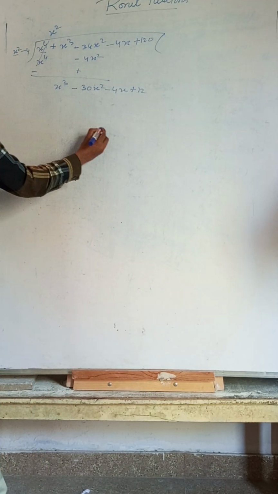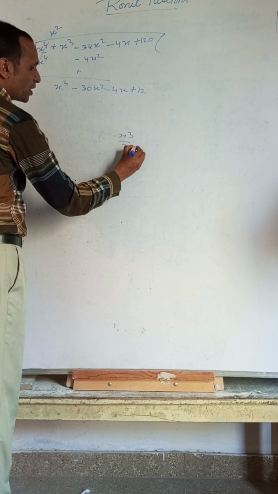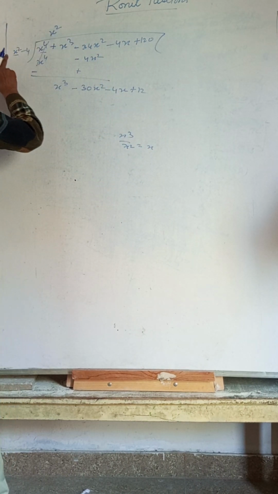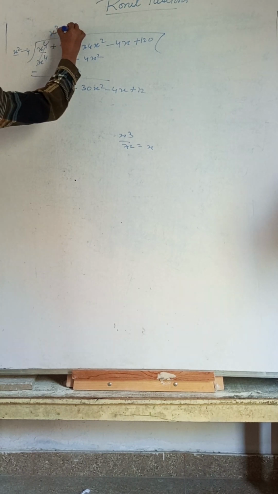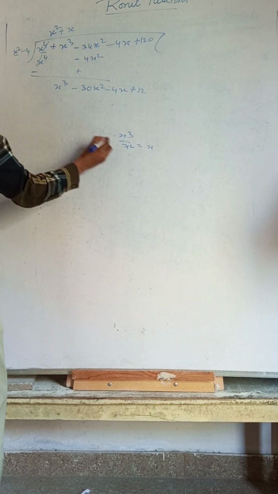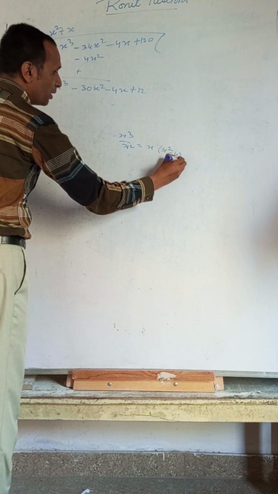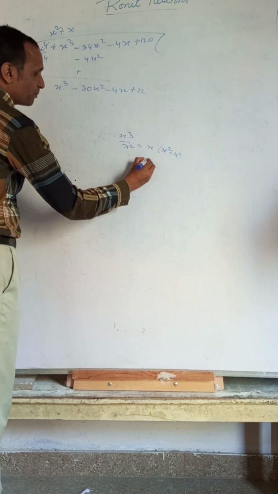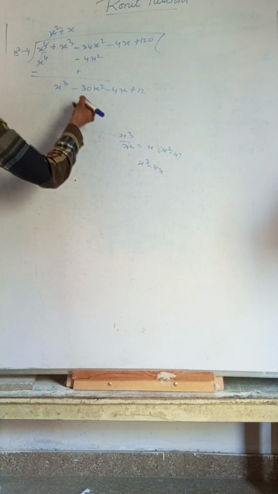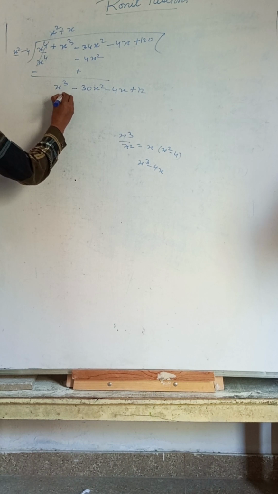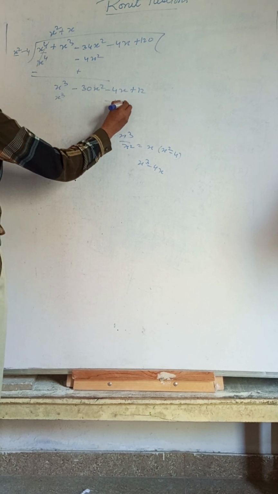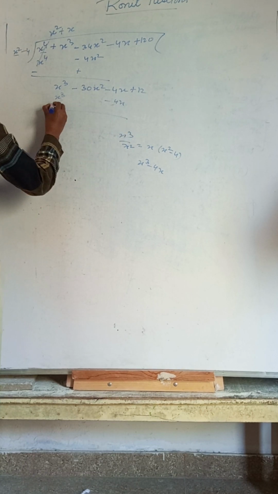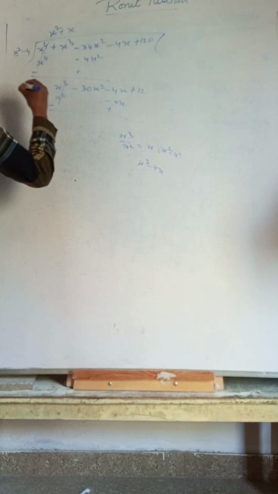Now x cube divided by x square is equal to x, so here we write plus x. Then x into x square minus 4 gives x to the power 3 minus 4x. Here we do the subtraction. This becomes minus, this becomes plus, and this is cancelled.